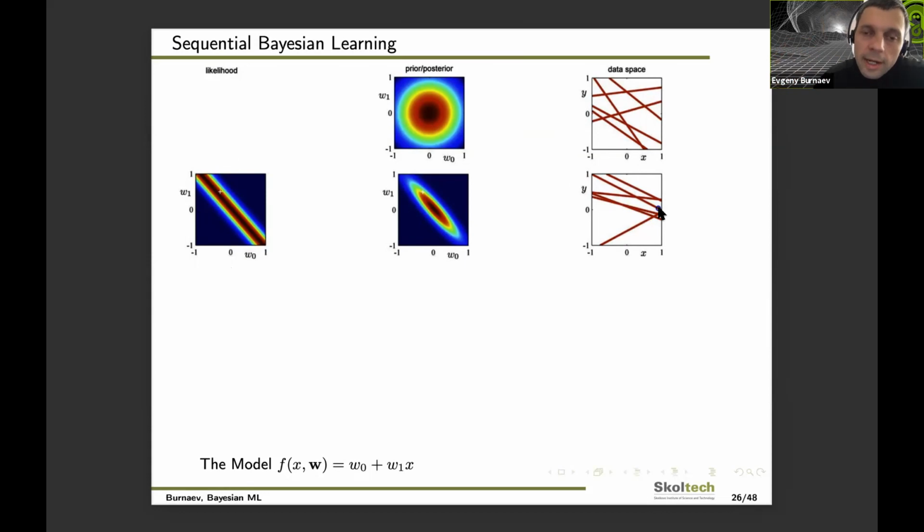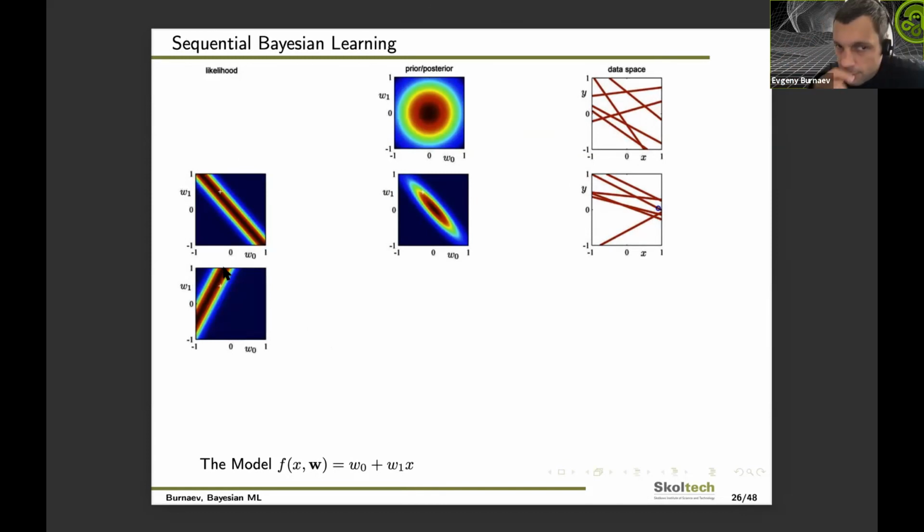On the next step, I got the second observation. And this is, again, the likelihood just for one new observation which I got on the second step.